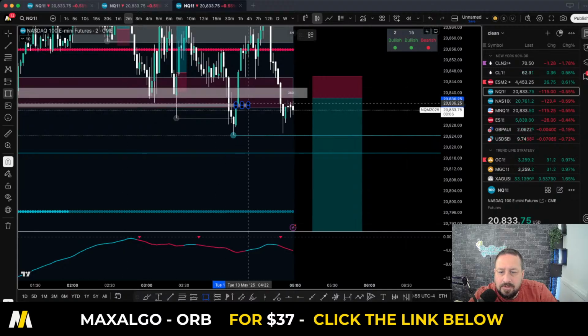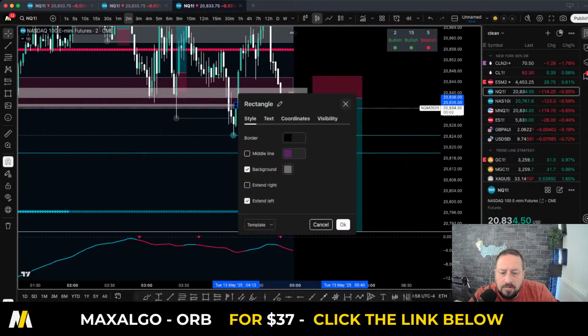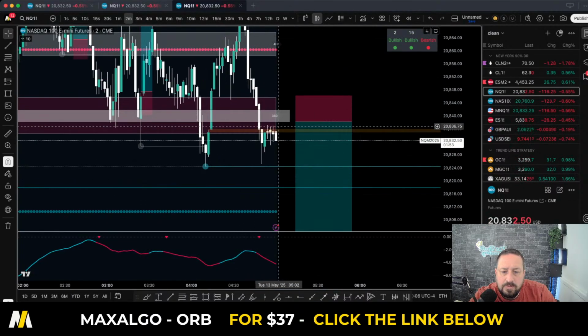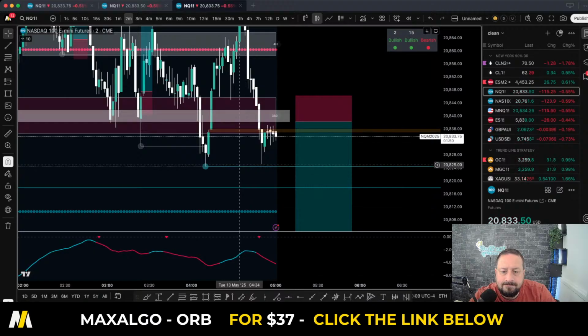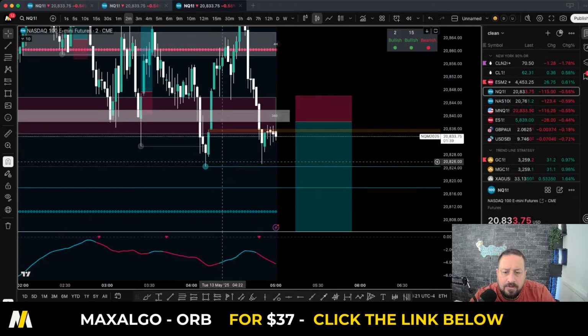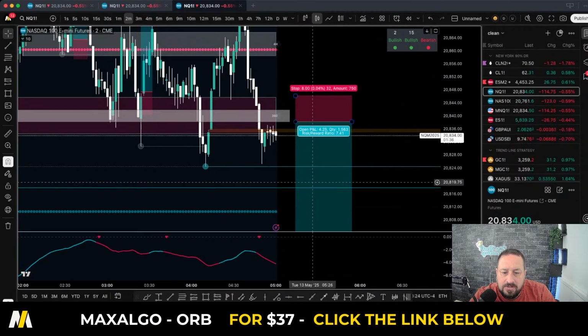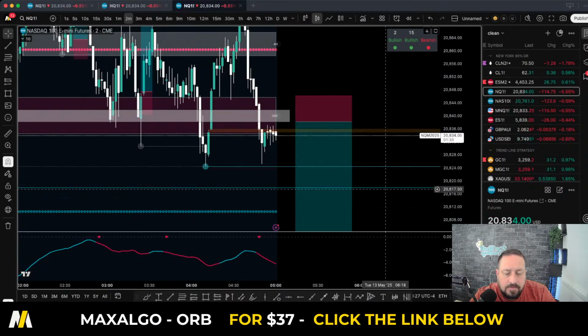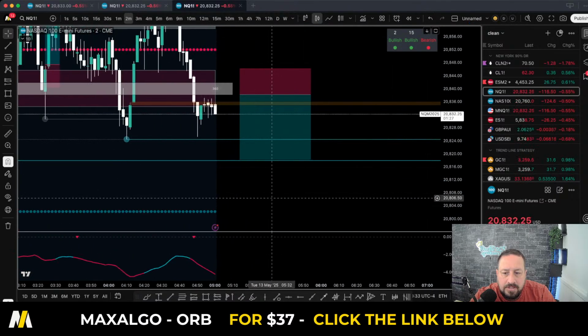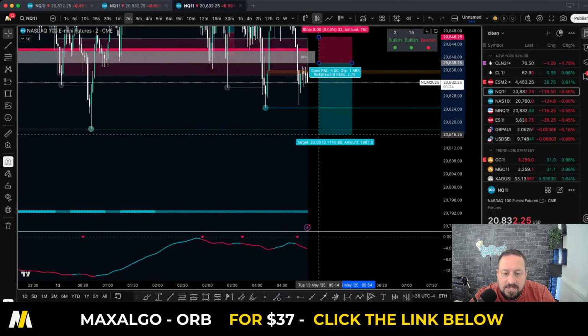Or is it this fib just stopping us? Just wanted a wick. Obviously this is sort of where I'd be looking first, around here. See a reaction off of these lows, but then potentially we could leave one run in.